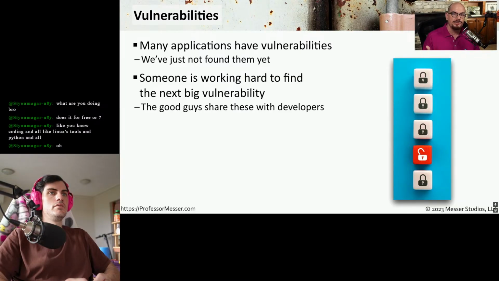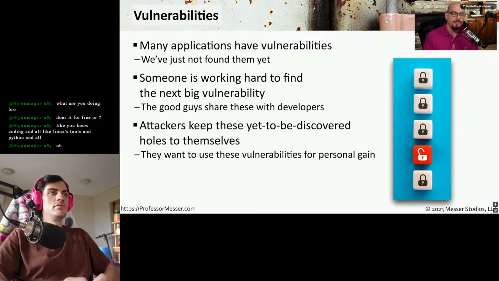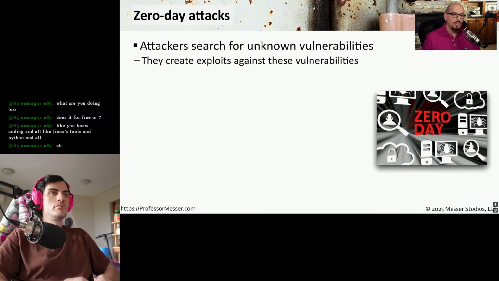These may be researchers who can share these vulnerabilities with developers, but this could also be found by attackers. They would like to be able to find these vulnerabilities first. That would allow them to take advantage of the vulnerability without having any patches available to stop them. So the attackers are working constantly to identify and document these vulnerabilities so that they can create attack code that goes after that very vulnerability.